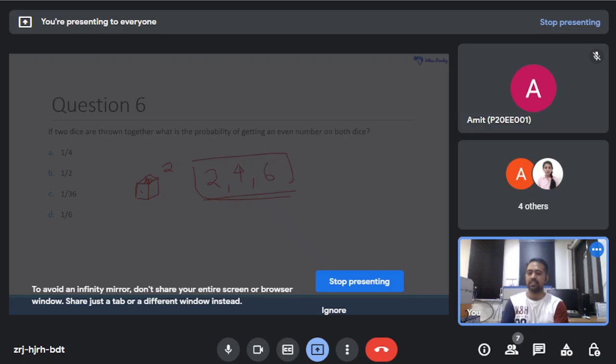Yes. Please try to solve. Okay. Shubham, can you tell how many options are there? Like we are rolling a single die. So how many possible outcomes are there?